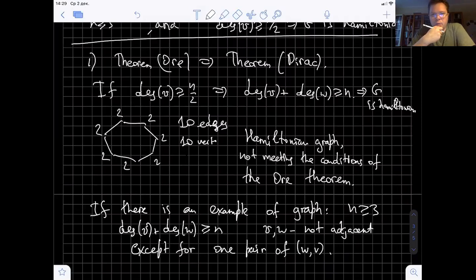Is it true that we don't have a Hamiltonian path here?